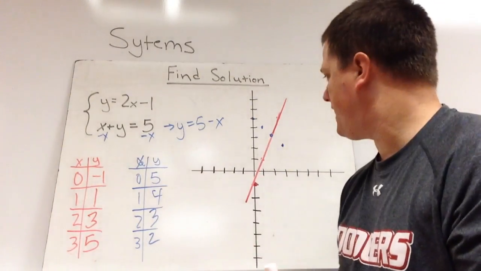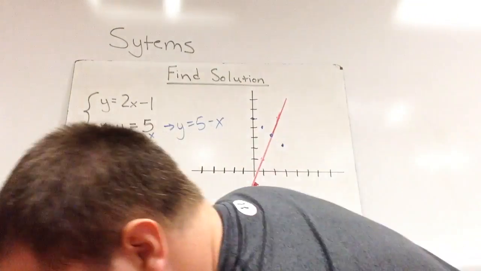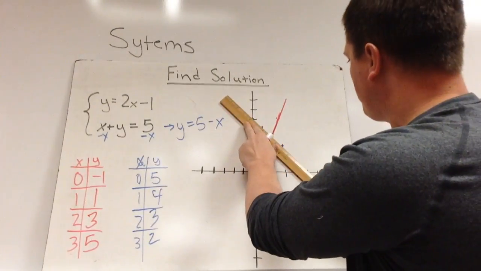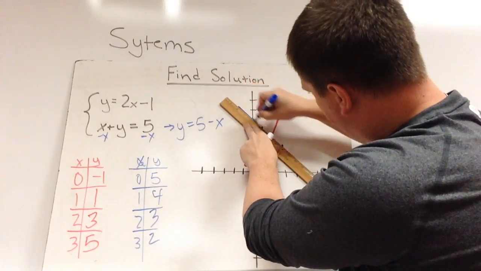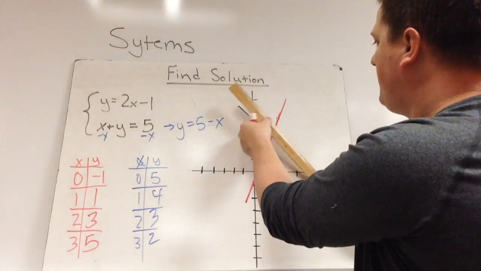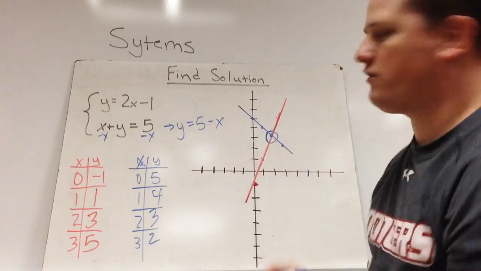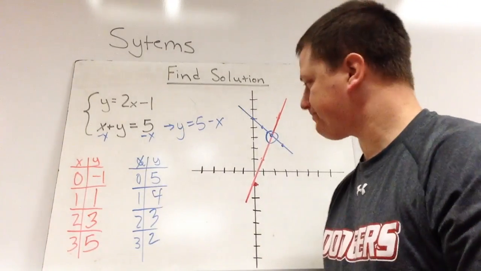So we have this here. Draw our line. And as you can see, it crosses right there.